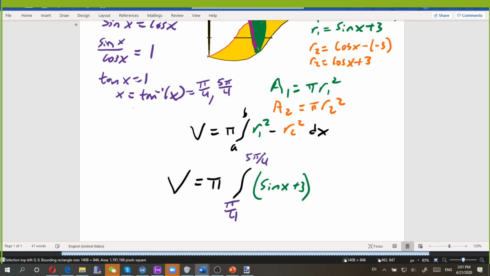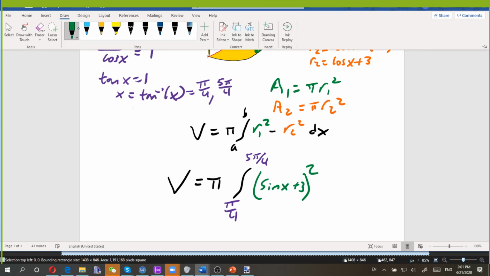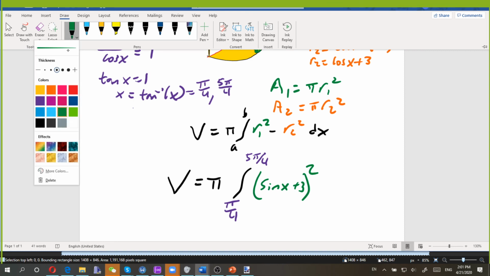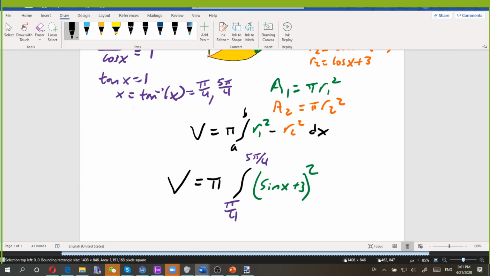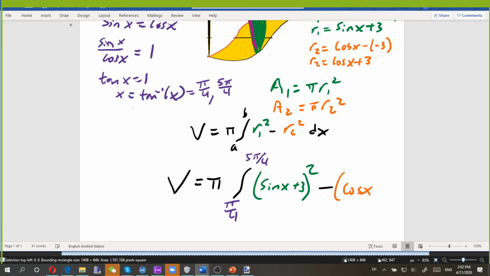R1, sine x plus 3 squared, minus R2, cosine x plus 3 squared, times dx.